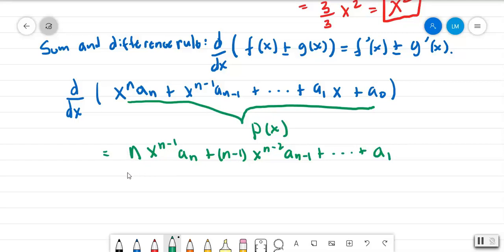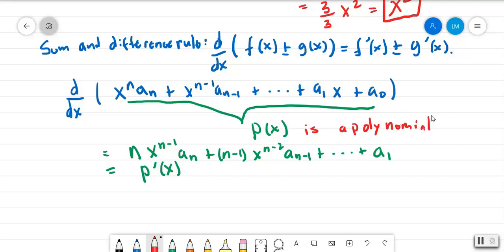So what this is, is equal to the derivative of p of x. So basically this tells you that you would be able to take derivatives of polynomials. So we have that this right here is a polynomial.